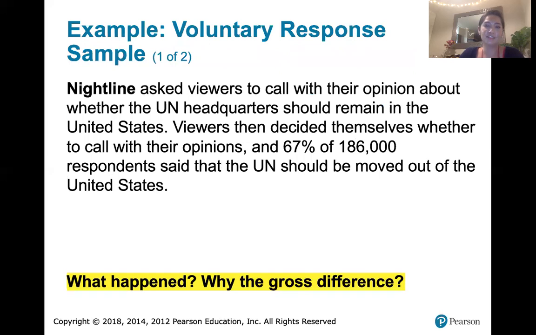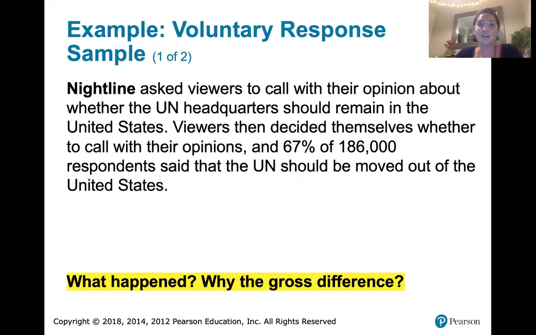Okay, so here is an example. It says, Nightline asked viewers to call with their opinion about whether the UN headquarters should remain in the United States. Viewers then decided themselves whether to call with their opinions, and 67% of 186,000 respondents said that the UN should be moved out of the United States.